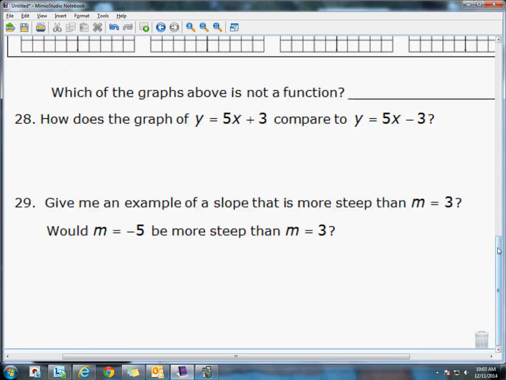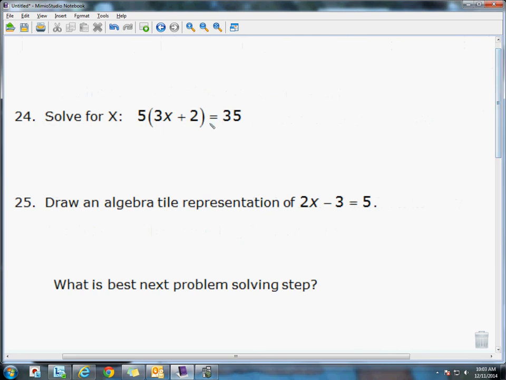Alright, number 24 says solve for x. You have one set of parentheses, so we're going to distribute your 5 to the 3x and to the 2. 5 times 3x is 15x. 5 times 2 is 10. And that's equal to 35. And then you have a simple two-step problem. So we're going to subtract 10 from both sides. 15x is equal to 35 minus 10, which is 25.